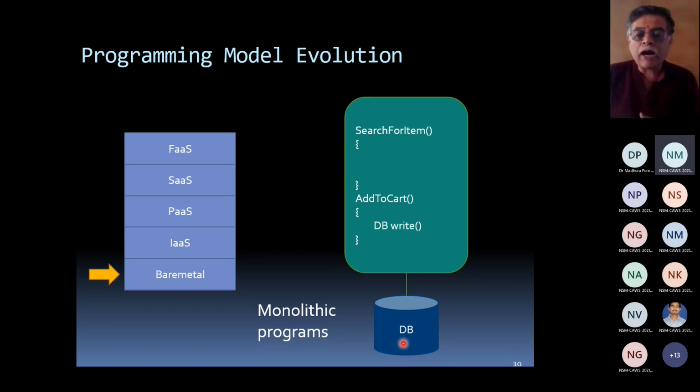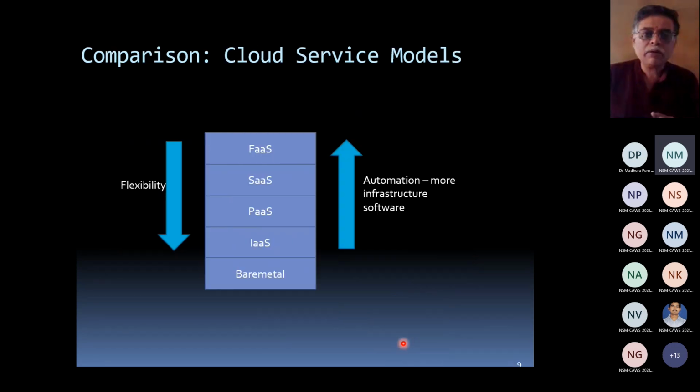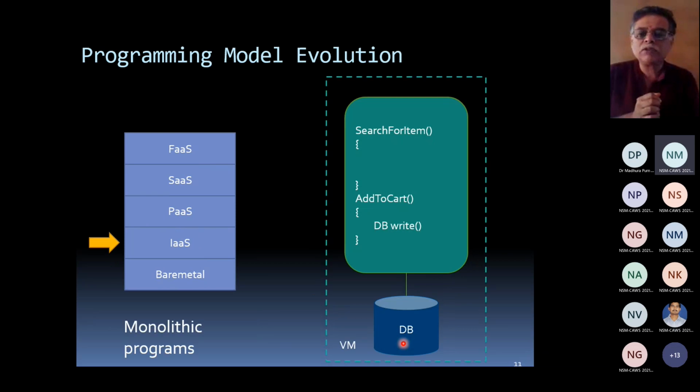Now, how does this change when we go to something like infrastructure as a service? What we do is we don't run it on a bare metal machine, but we could pretty much run the same thing on a single virtual machine. Take the existing program which you were running on a physical machine, run the same thing on a virtual machine using a virtual disk.